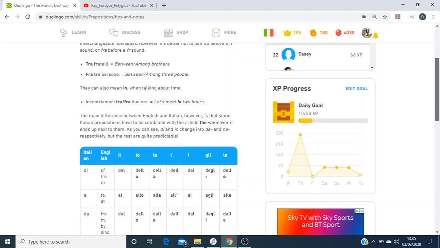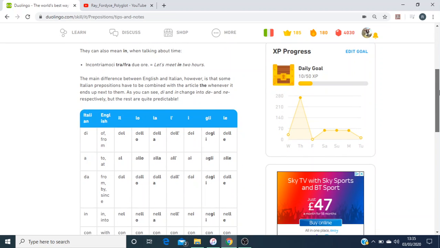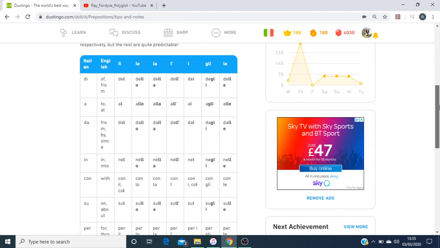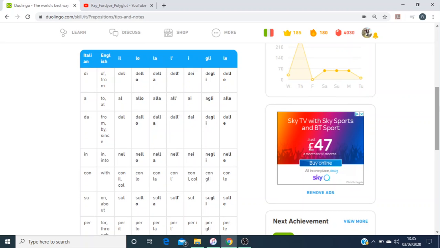So this is a big grammar point of Italian. Prepositions will change if you're using an article. That table isn't the best organised, but it's the best I could do to fit it on the screen. So in Italian, di, I've covered some of these meanings.